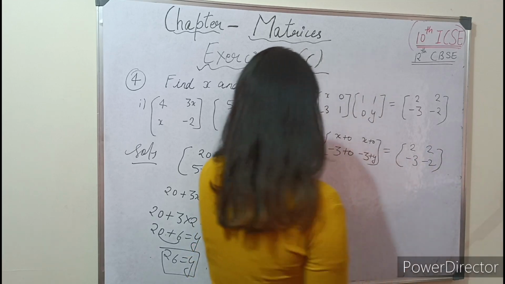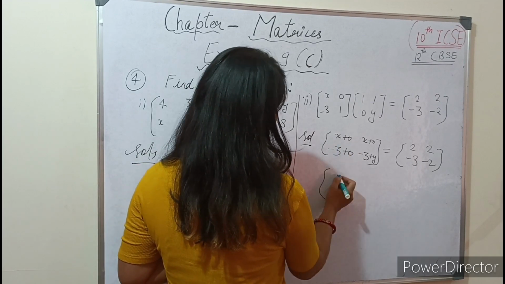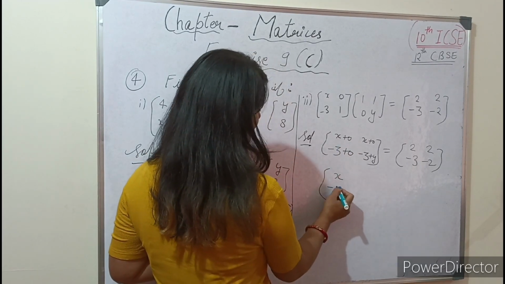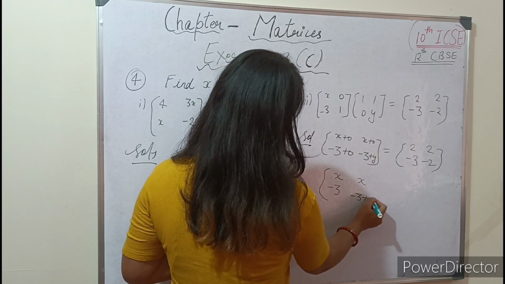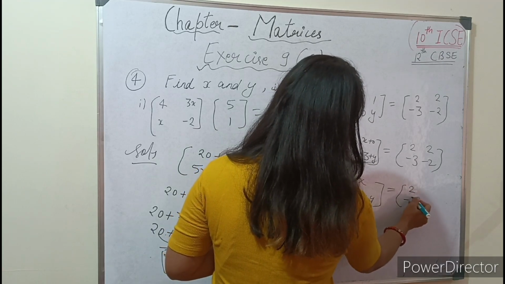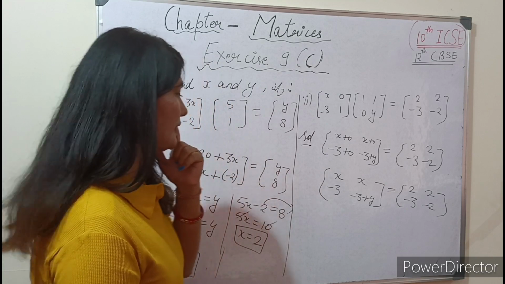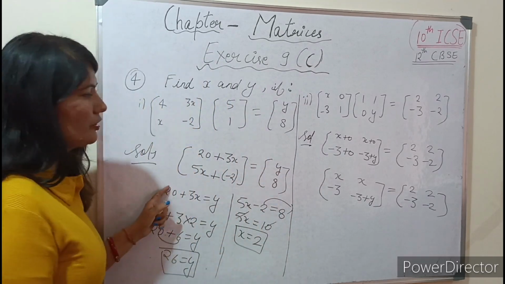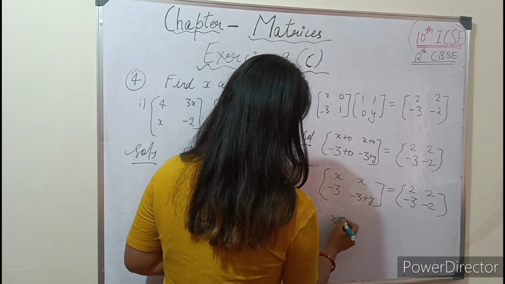and minus 2. Now again, x plus 0 is x, minus 3 plus 0 is minus 3, x plus 0 is x, and this is minus 3 plus y, and this is equal to 2, minus 3, 2 and minus 2. Now again in the similar way you have to compare the same terms together. You will see the value of x is 2.